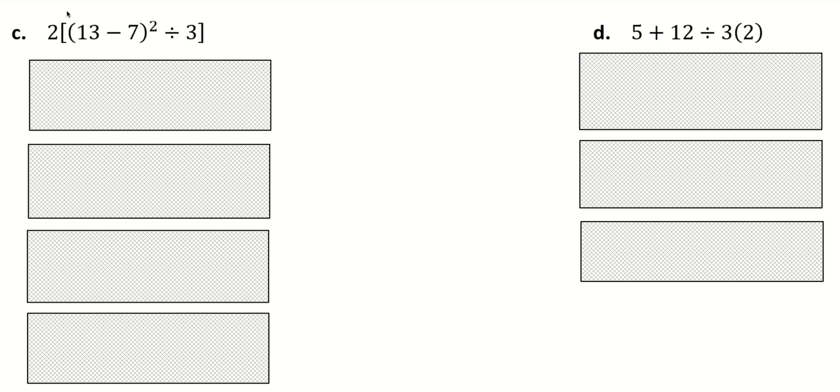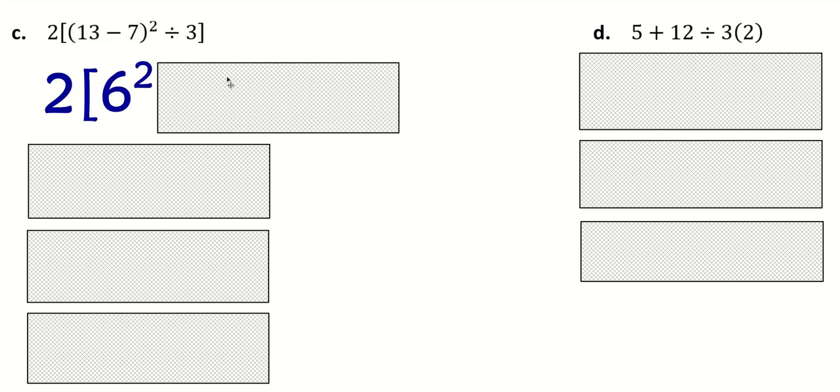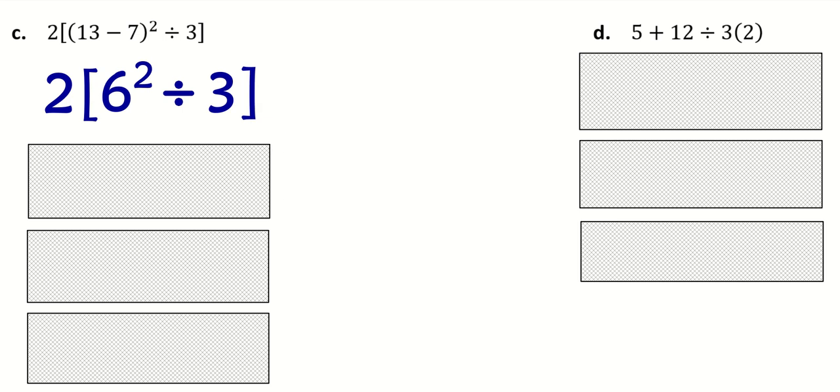So you have to almost kind of just focus on what would come first just in the brackets. Well, we have our own set of parentheses inside the brackets. So what we're going to do first is the 13 minus the 7. Okay? And that's all I did.